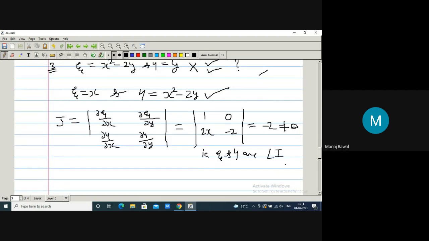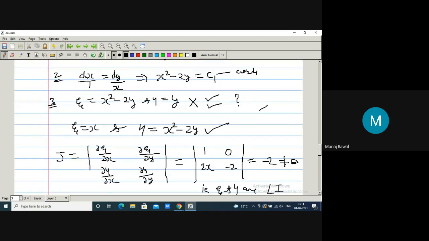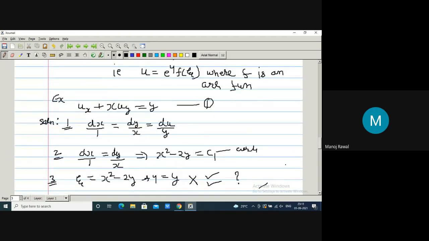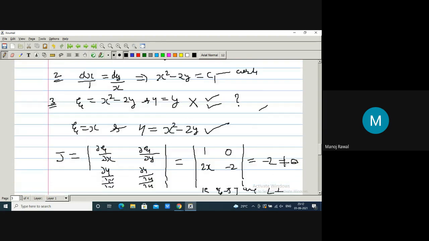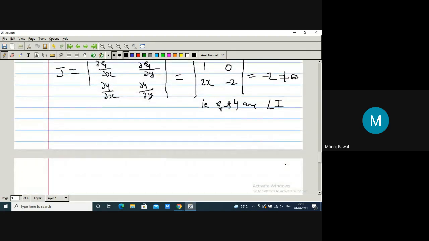Okay, now let's apply the chain rule, because in the given differential equation I have to replace ux and uy, also the value of x, but x I have taken is equal to xi. But let's find out ux and uy, because I have to write them in the given differential equation. So ux is going to be what?